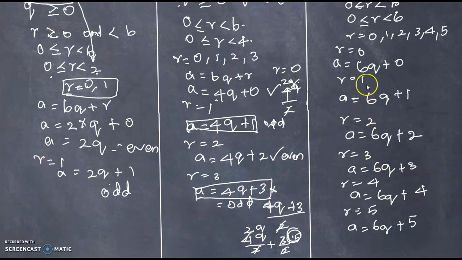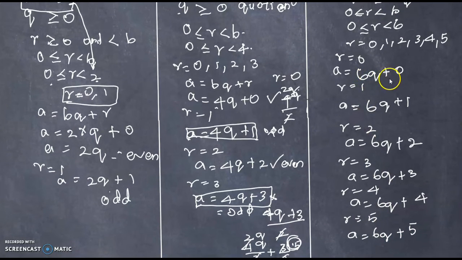So when you check this, 6Q plus 0 is an even number and it will be divisible by 2. Whereas this one cannot be divided by 2, so it is an odd integer. This one is divisible by 2.